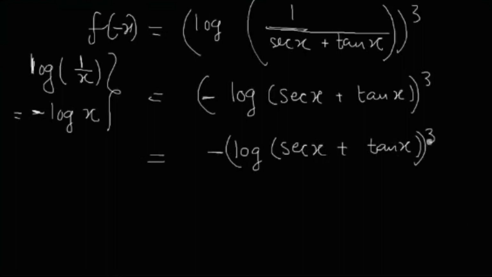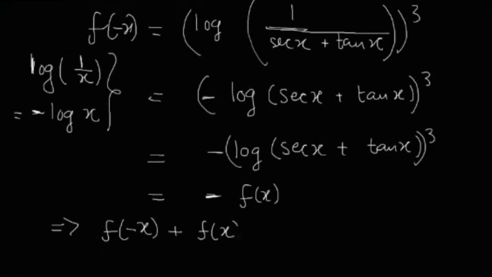But if you see, this is nothing but minus of f of x. So interestingly, you get f of minus x plus f of x equals 0. So it's an odd function.